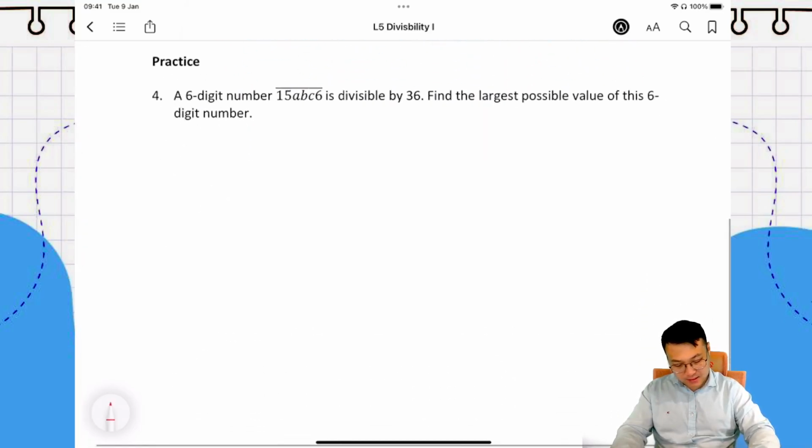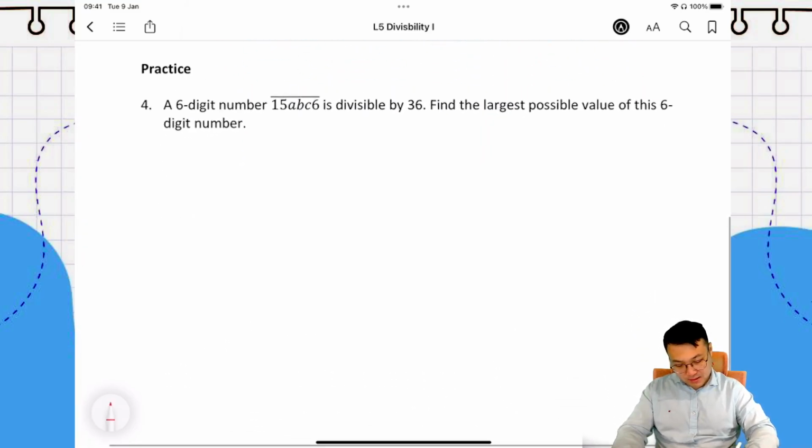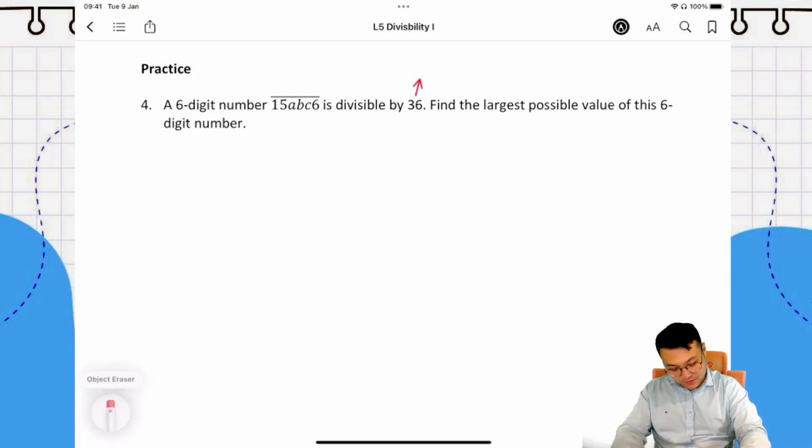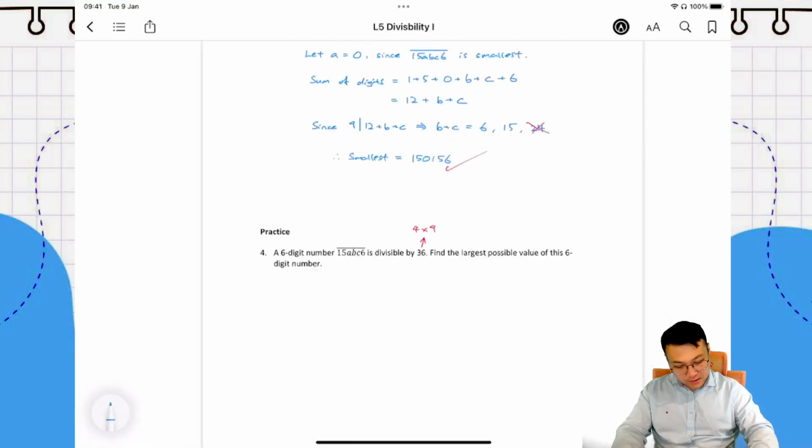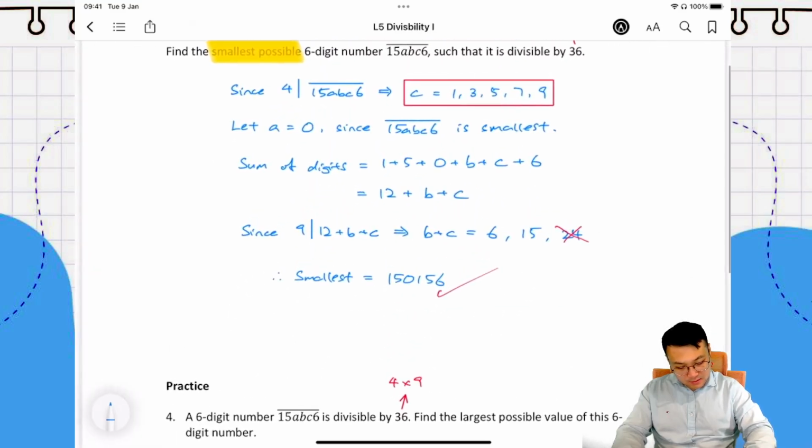Okay, let's try practice number 4. So students, a 6-digit number, again, 15ABC6 is divisible by 36. So that means you must make sure you can divide by 4 and divide by 9, right? Straight away, we can write down the same thing. Okay?